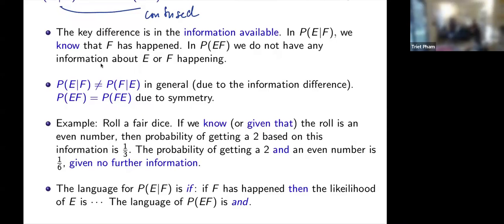They tend to talk about things in English. So in English, the signal that conditional probability or conditioning is in the air is when you hear the word if.